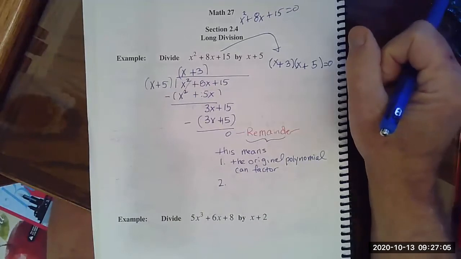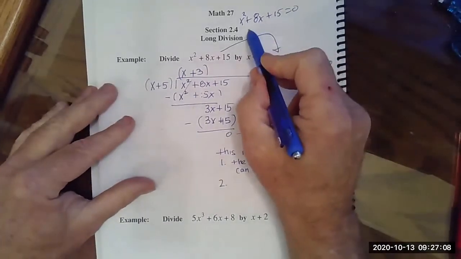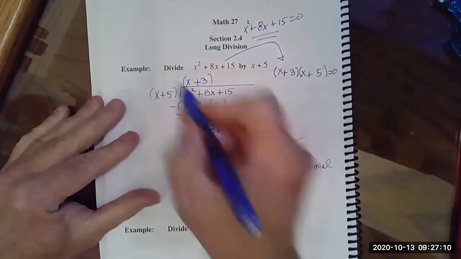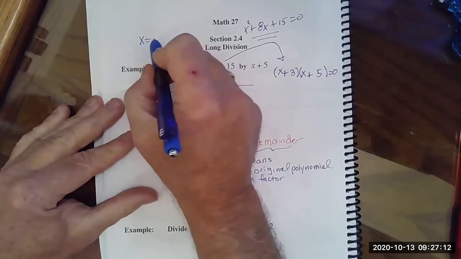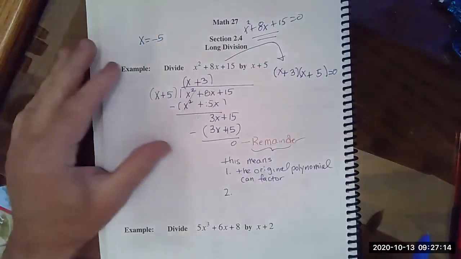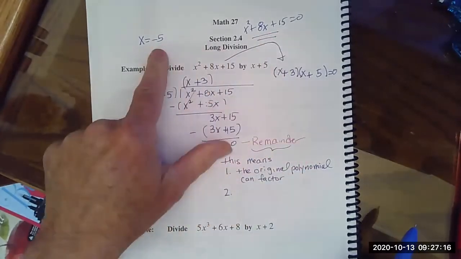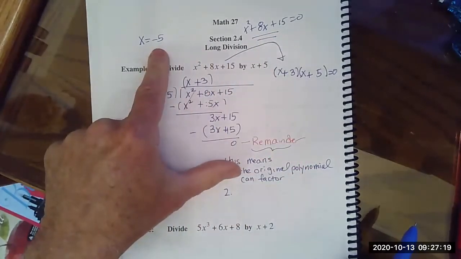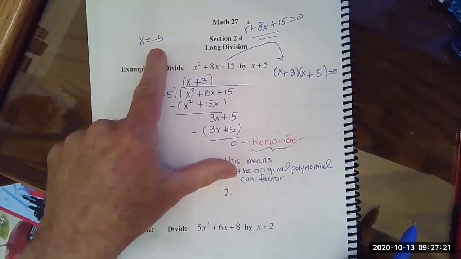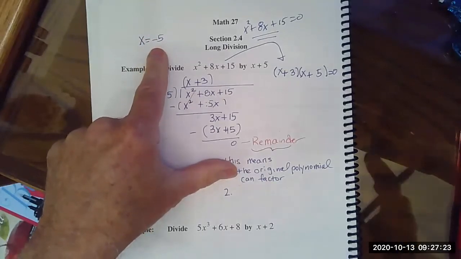Eventually you're going to find out when you graph this in your calculator, and if you found that x equals -5 was an x-intercept, then you can use this with long division to find the other answer.